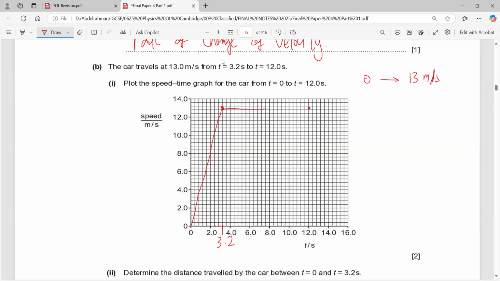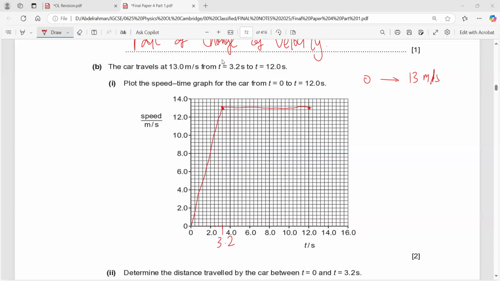So we draw a horizontal line. The horizontal line should be in the middle. This is the graph that you will draw. Do not continue the graph to the end. He said until 12 seconds, so stop at 12. Do not continue the graph.